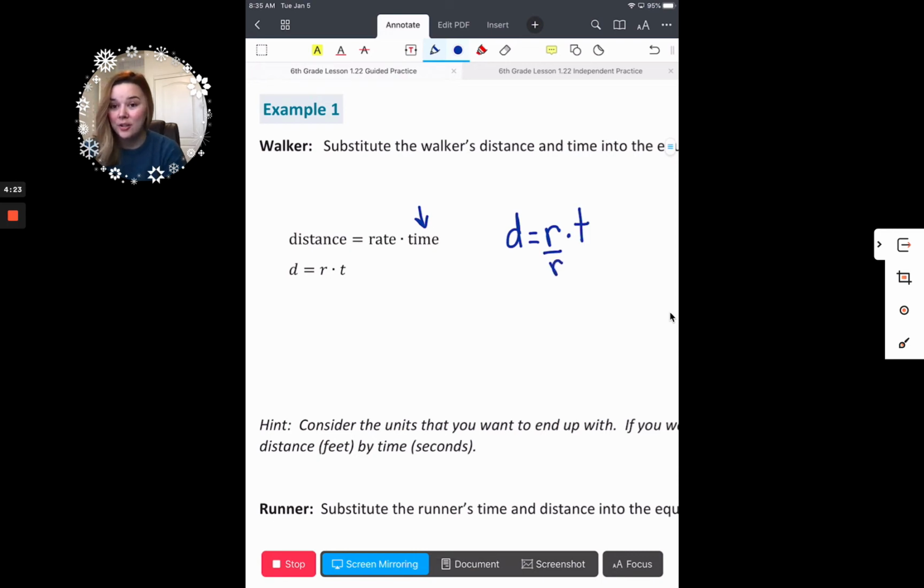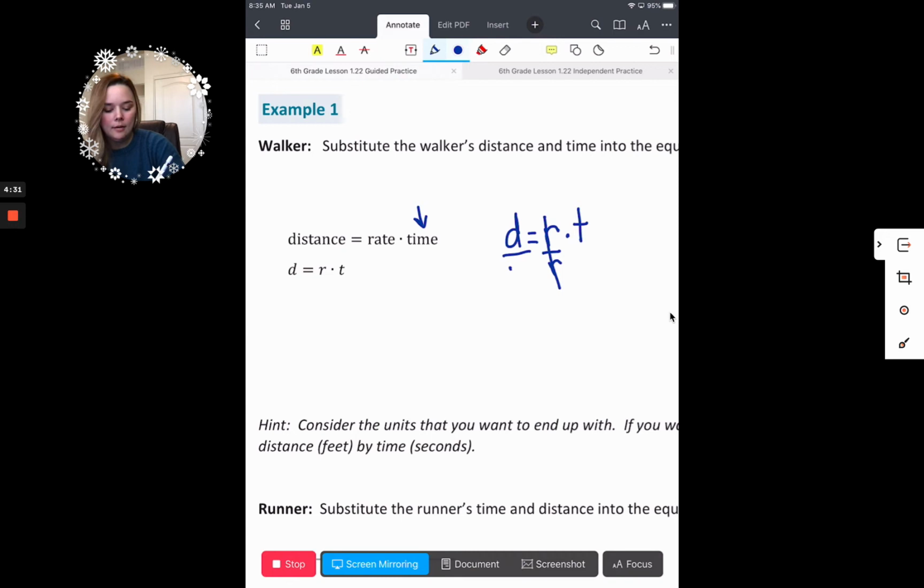So I'm going to turn it into a fraction. All right, so rate over rate would just equal 1. So that goes away. And then we divide the distance by the rate. So now we know that if we need to find the time, our formula changes just a little bit to distance divided by rate.